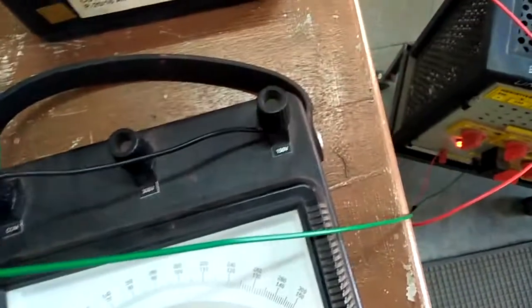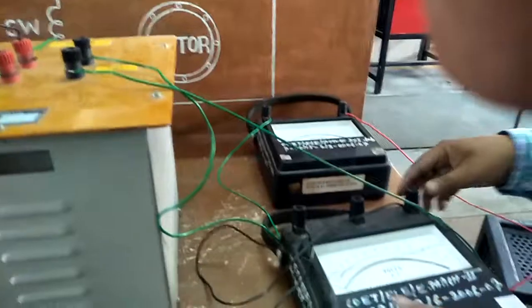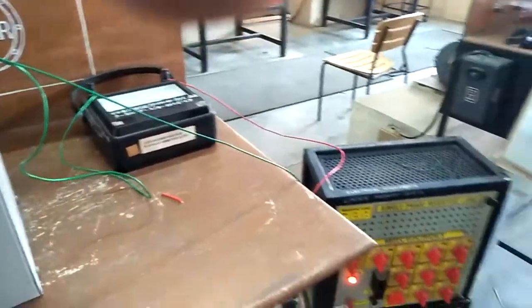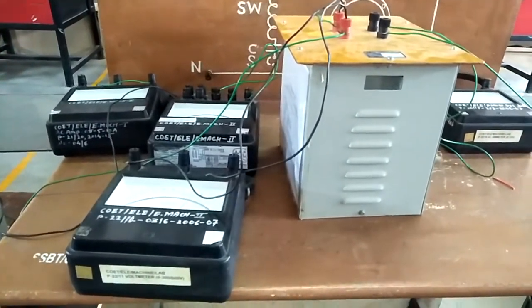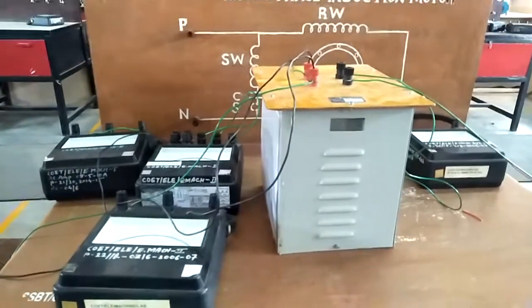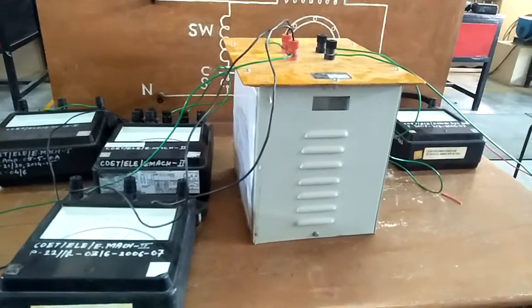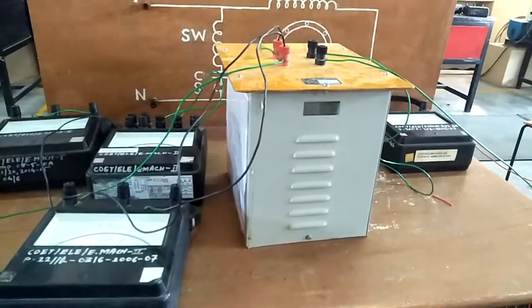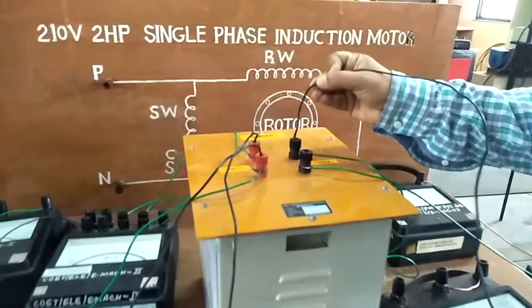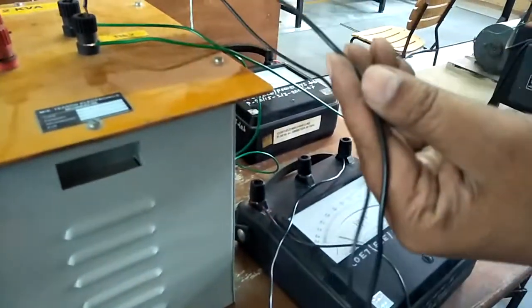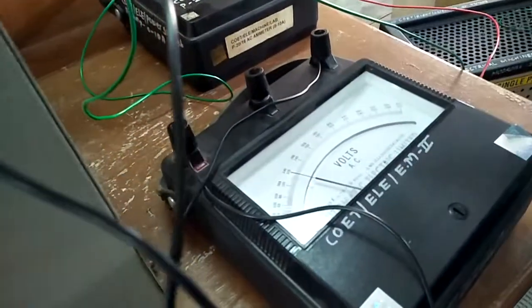Now the secondary voltage we are going to measure with the help of the 300 range. See, it is exactly 115 volt.